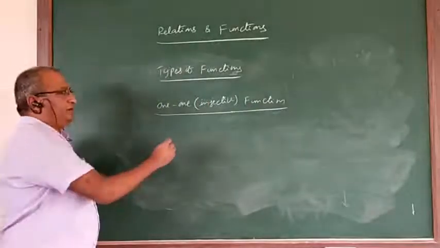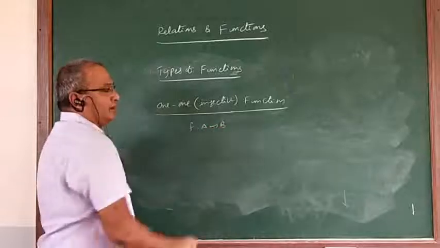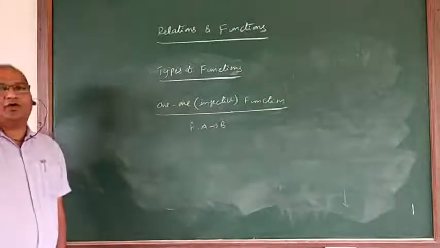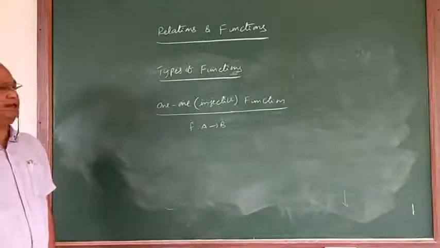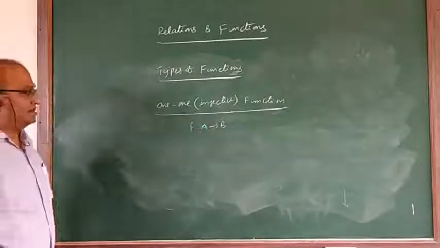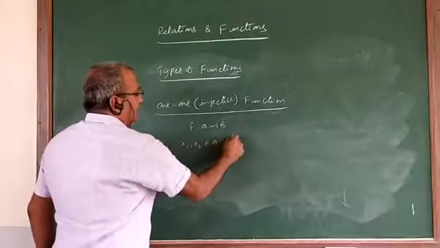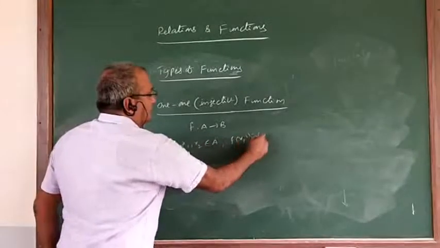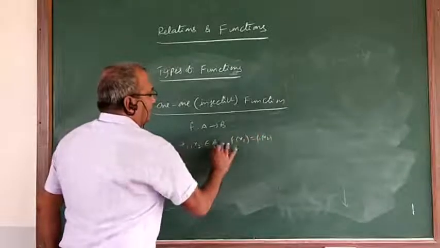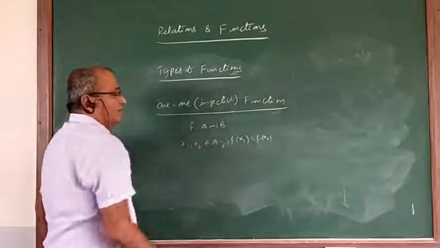If f: A to B is a function, and distinct elements in A have distinct images, then f: A to B is said to be a one-one function. For example, if x1, x2 belong to A and x1 is not equal to x2, then f of x1 is not equal to f of x2, then f is said to be a one-one function.